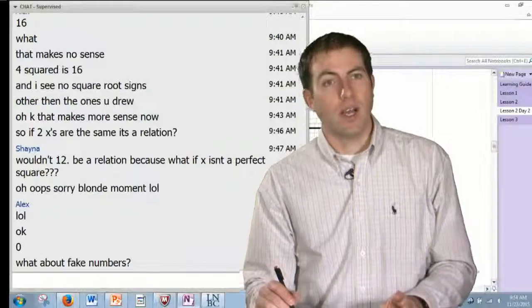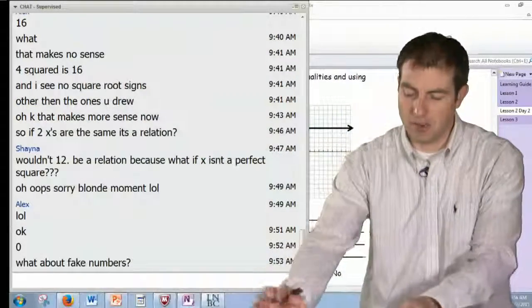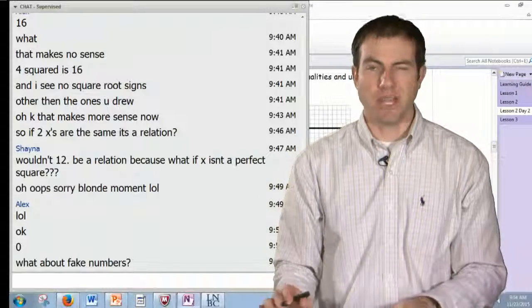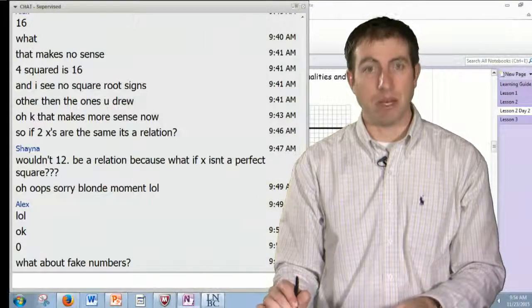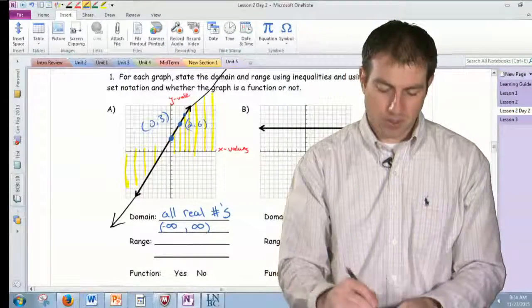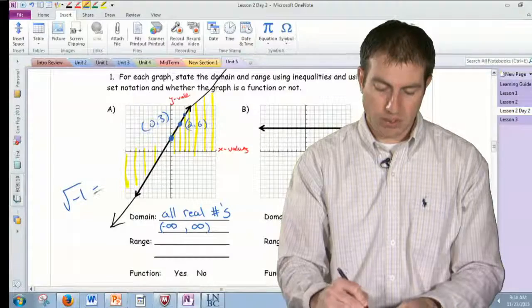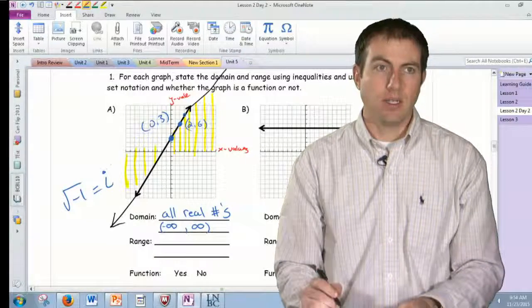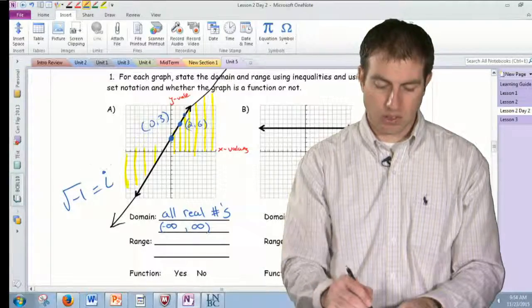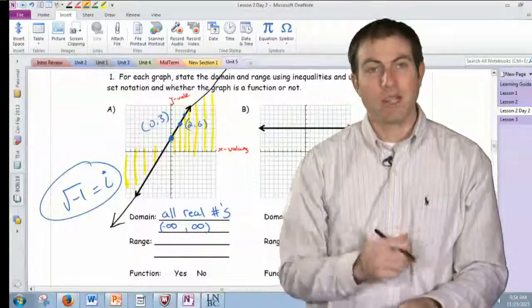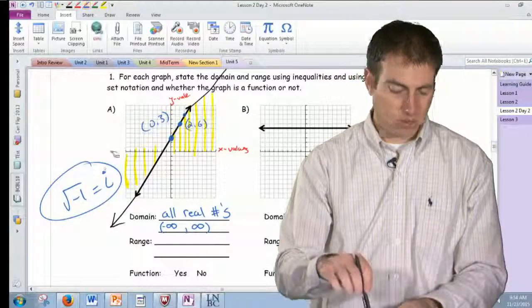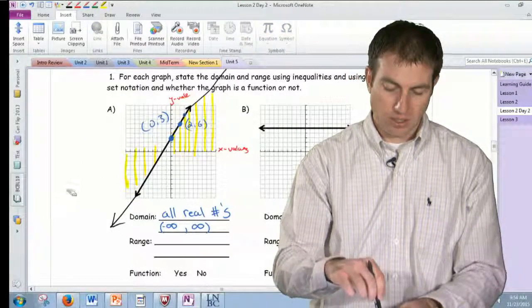Fake numbers, I didn't really talk about, there's something called complex numbers or imaginary numbers. Imaginary is not a real great word to describe it, but when you start dealing with the square root of -1 in math, we call it i. And we have a whole another set of math principles dealing with the square root of -1 because the math works out when we start dealing with square roots of negative numbers, which is just kind of a really bizarre idea.